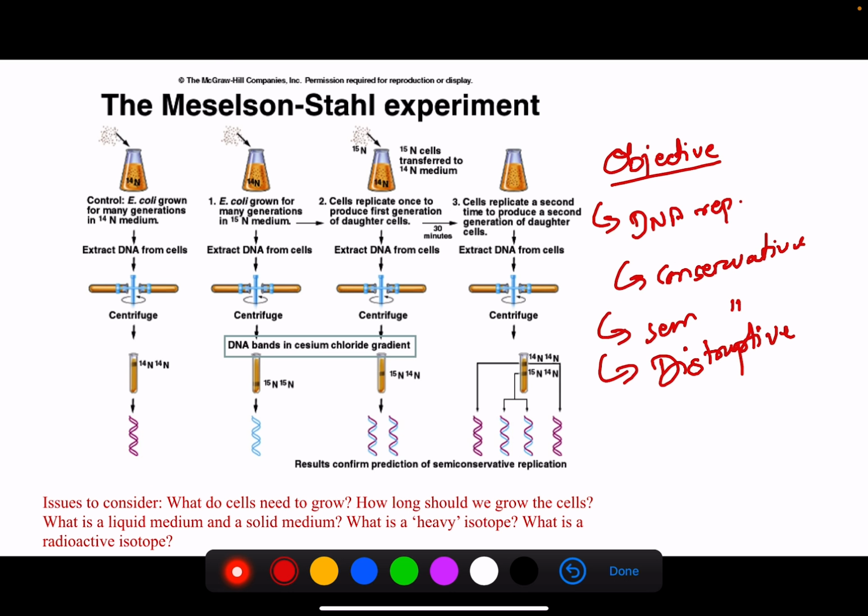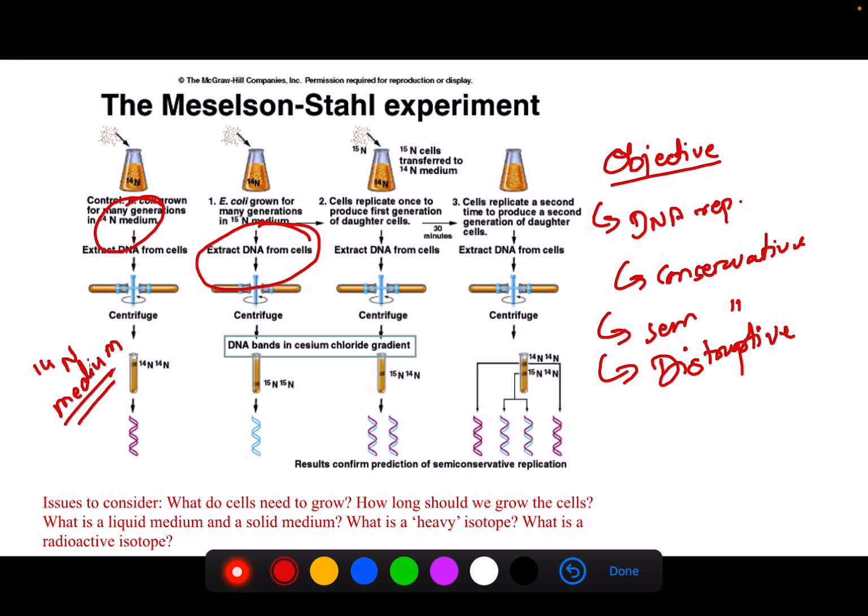Okay, so what Meselson and Stahl did basically was they grew E. coli for many generations in N14 medium. So every E. coli was pure in N14 medium, right? Then after that, they extracted the DNA from the cells.